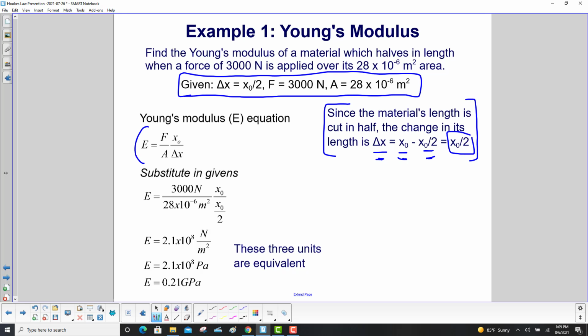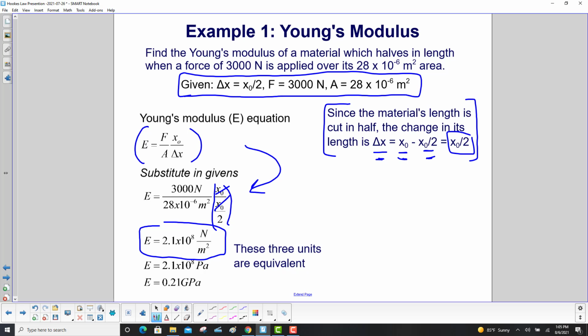So we're going to use the Young's modulus equation, substitute in our givens, and here's the fun part right here. There's no actual numbers there other than the 2, but what we have is x0 on top, then delta x is x0 over 2. So the x0's cancel out, the 2 comes up top, and we get Young's modulus as 2.1 times 10 to the 8th newtons per meter squared.